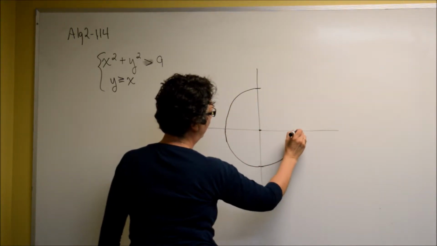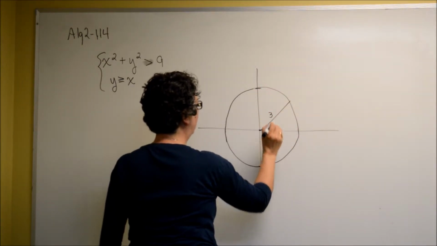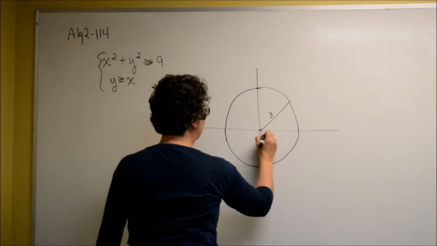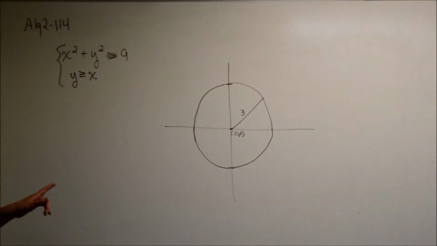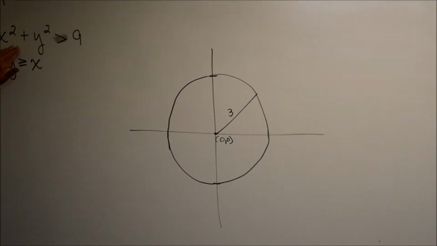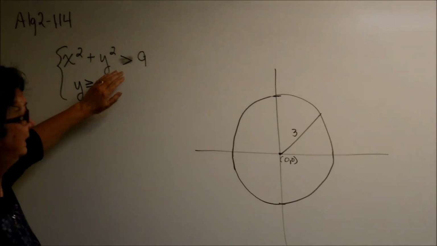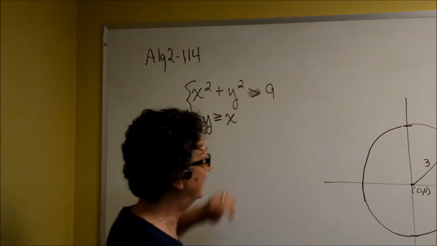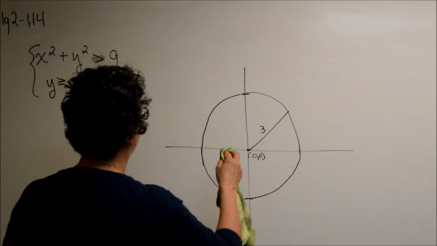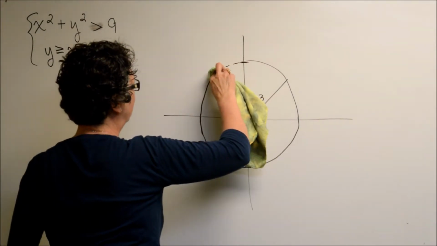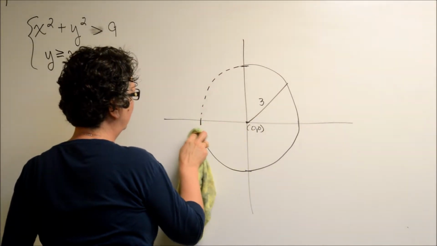Y'all know I draw beautiful circles. There we go. So we know this is it because the center is at 0, 0, and the radius is 3. So that's our circle. Now, in our inequality though, it's missing an equal to sign. So we're going to have not a solid circle, but a dotted circle. Let me go around and put my dots on there.